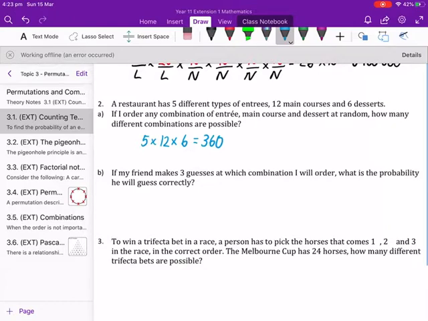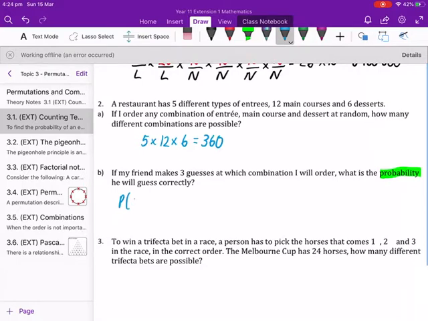For 2b, it states: if my friend makes 3 guesses at which combination I will order, what is the probability that he will guess correctly? In this question, a key word is probability. So we already know that he makes 3 guesses, and we also know that the number of different combinations possible is 360.